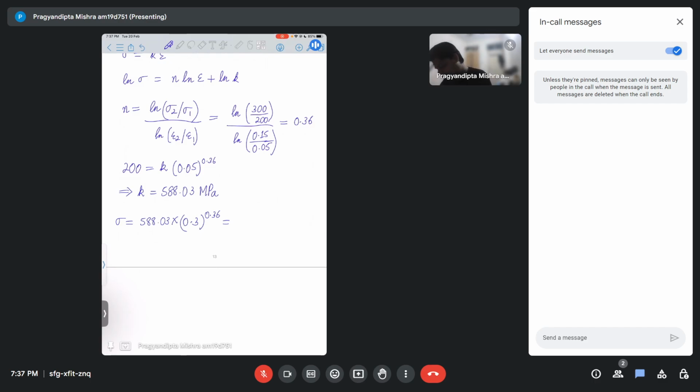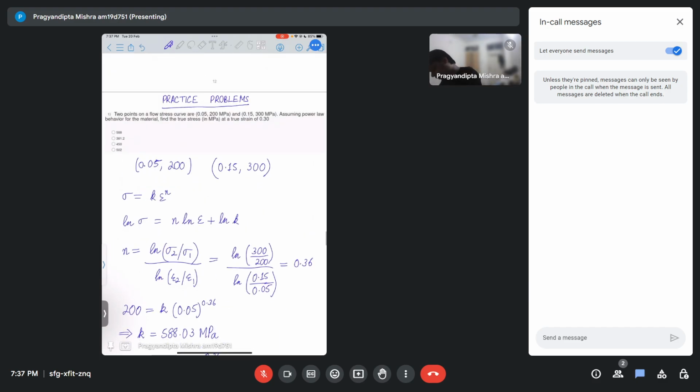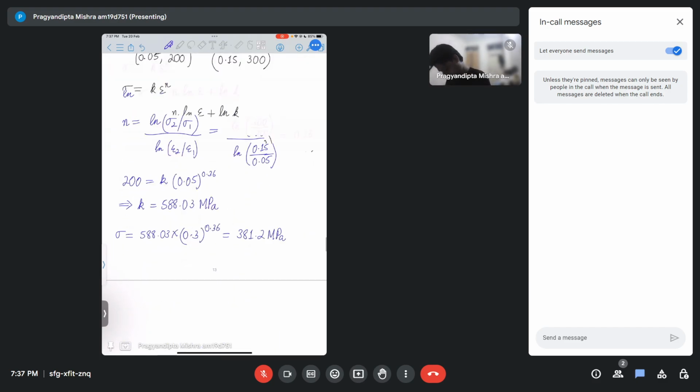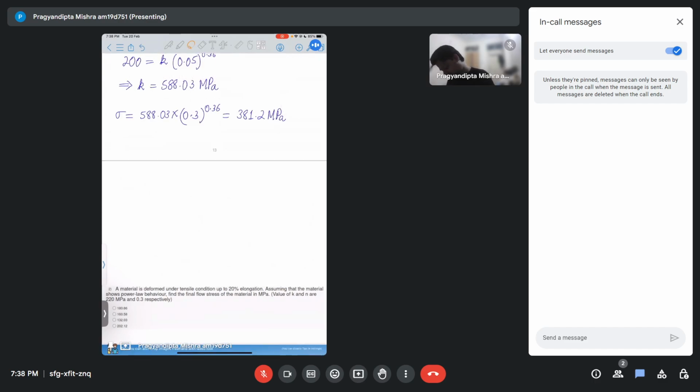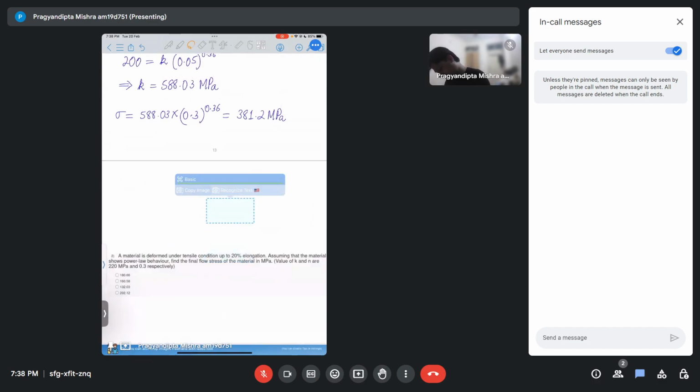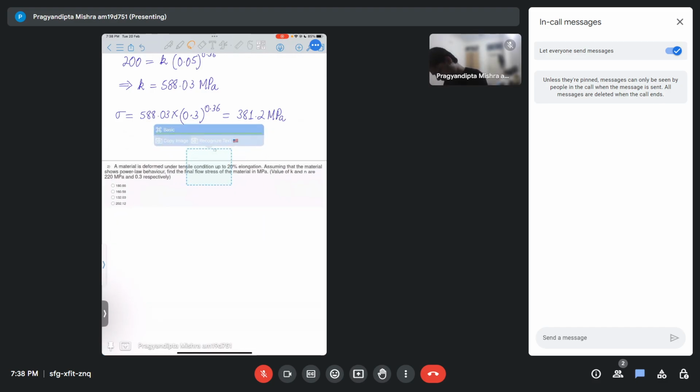So final answer is 381.2 MPa. Okay, so if we see the options, second option is the right one.